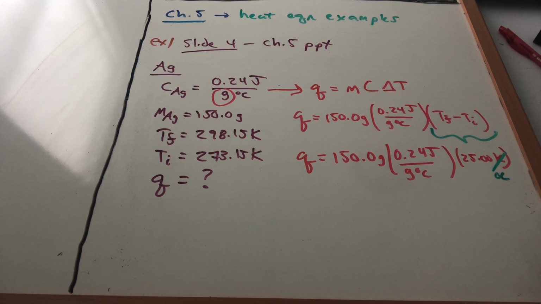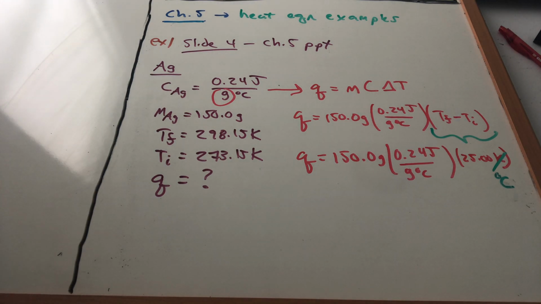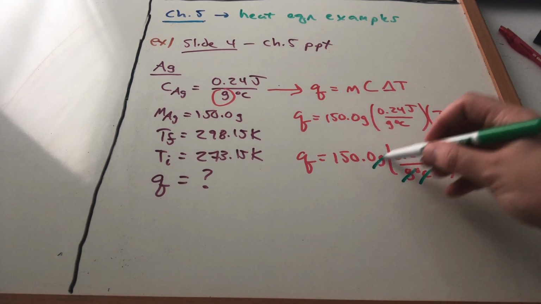So long as you're using a delta T, if it's more convenient for you to say that's actually degrees Celsius, because the markings on the Kelvin thermometer are the same as the markings on a degrees Celsius thermometer in terms of their spacing, then you can do so, so that the units cancel correctly.